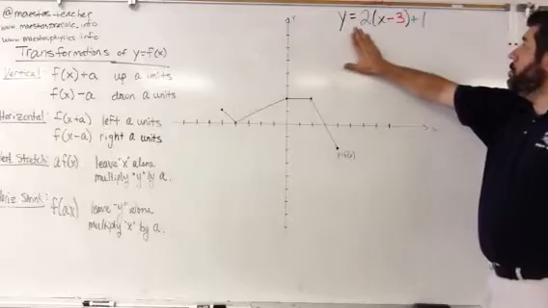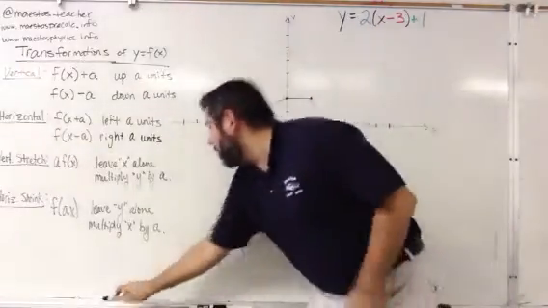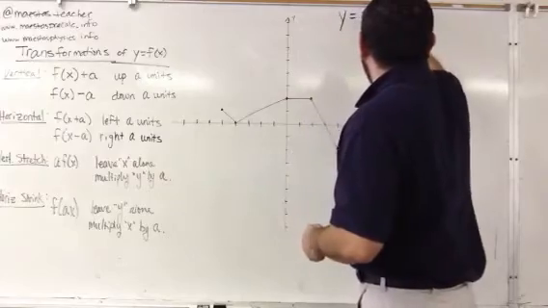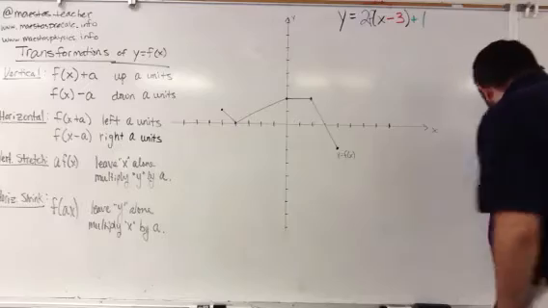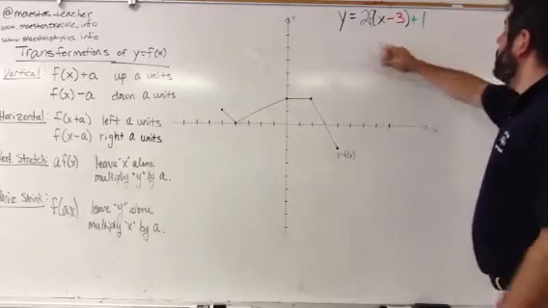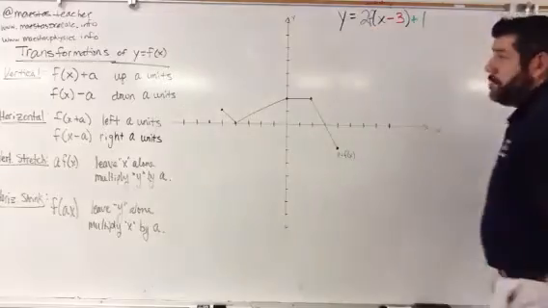I have here y equals 2 times f of x minus 3, plus 1. And what we're going to be doing for this one is we're going to take y equals f of x and do the necessary transformations.